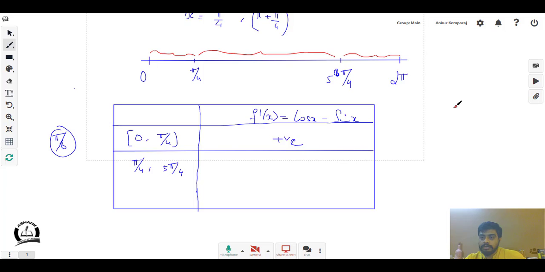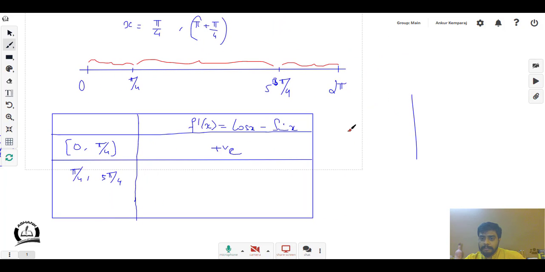To picturize what's happening here, I think it's better to take an angle where our critical points are, right? Let's just scribble some data here. My pi by 4 line is there, and my 5 pi by 4 line is here.